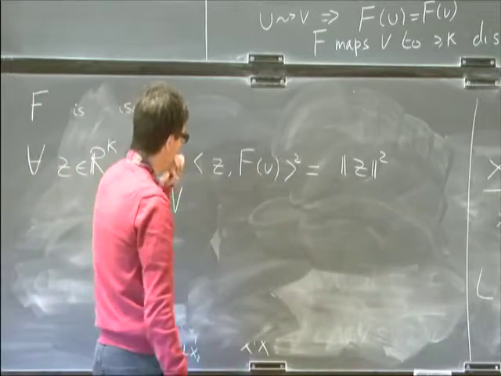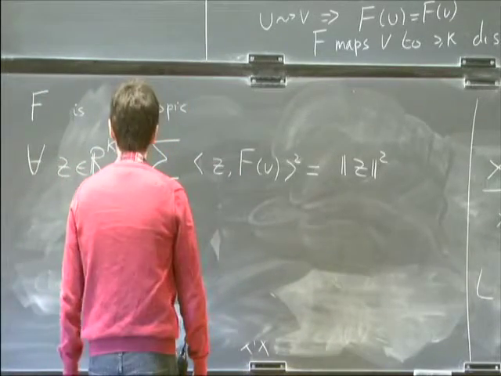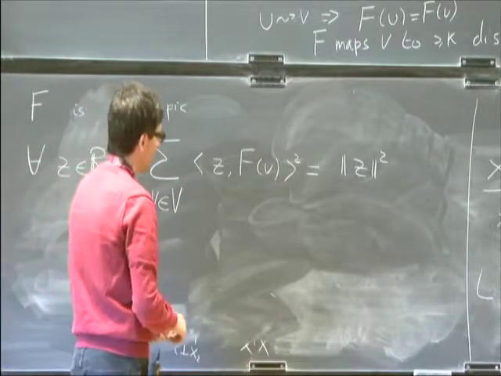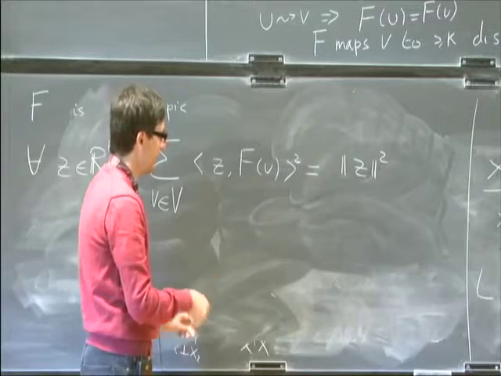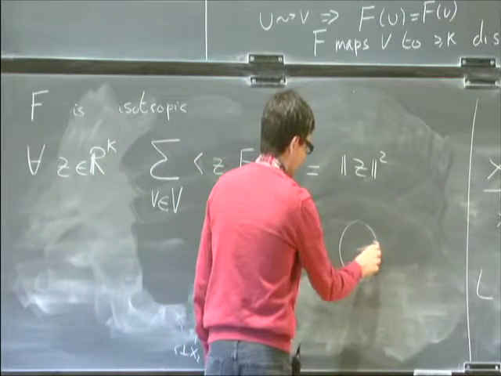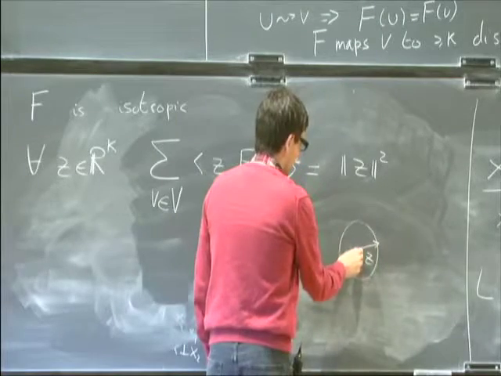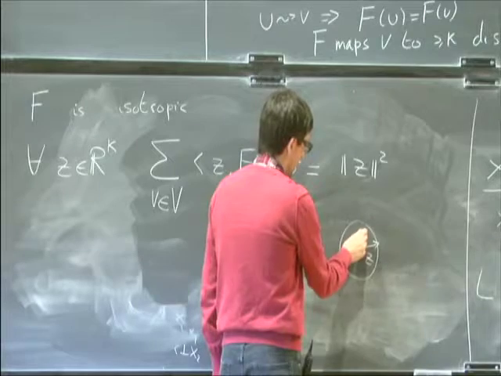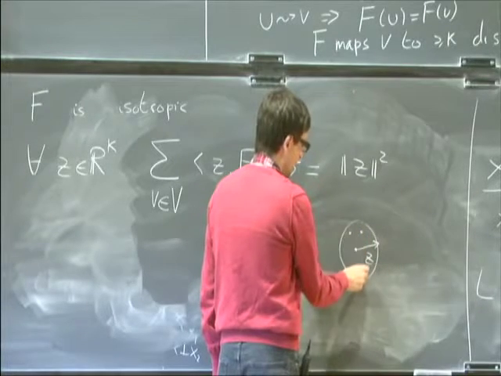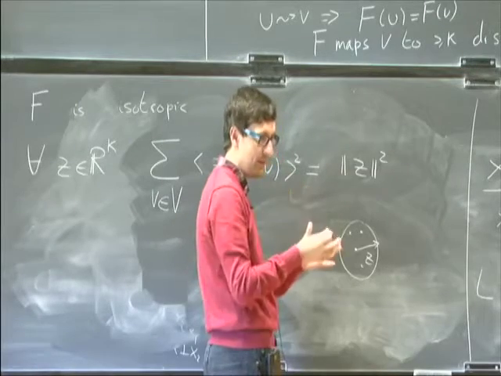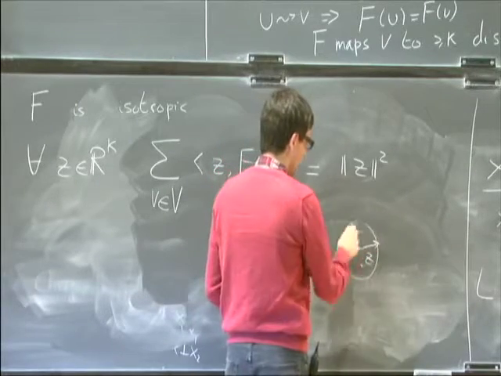So how to think of this? Let's say that we're just looking at unit vectors z, so that there are kind of directions. f of v is a mapping of the vertices into k-dimensional space, and n is bigger than k, right? So those are many points.